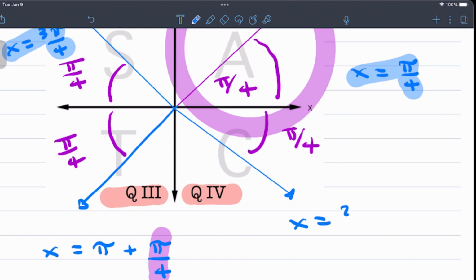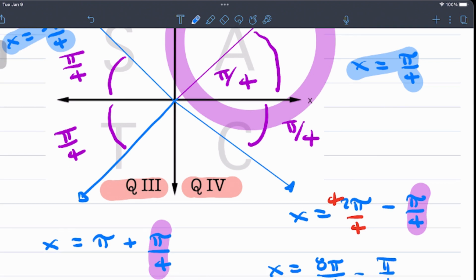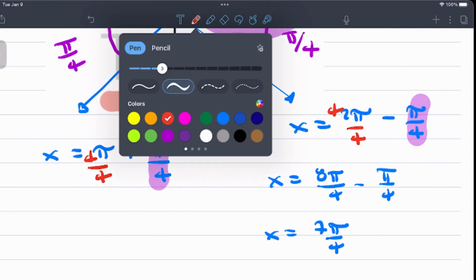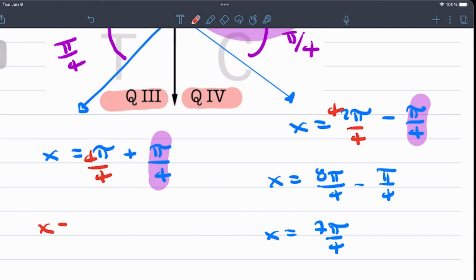Isn't that going to be what? 2 pi minus the reference angle for the quadrant 4 solution? Eight pi over 4 minus pi over 4, isn't this going to give us 7 pi over 4 over here, right? So take a look, ladies and gentlemen, and don't forget to do the arithmetic again for quadrant 3, right? Isn't that 4 over 4? We've done that arithmetic. So you're going to get, what is this, 5 pi over 4 here?